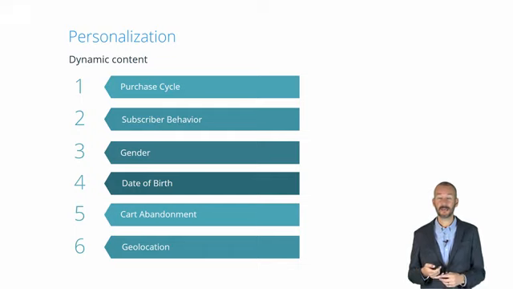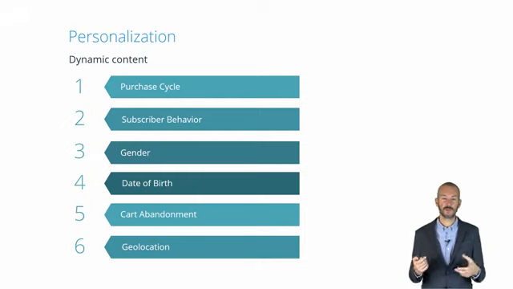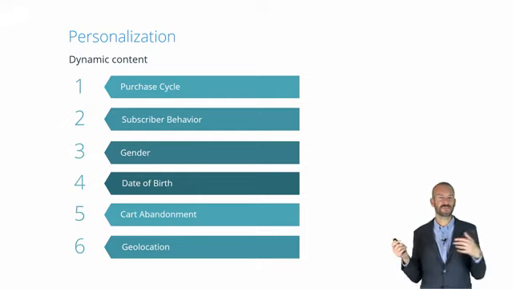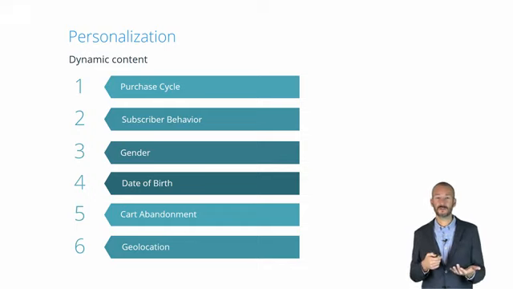Another piece of dynamic content as regards to autoresponders especially is this idea of cart abandonment. And if you don't know what cart abandonment is, that's okay. It's just a fancy way of saying you went to a website, you thought about purchasing something or engaging in some transaction, and then you got distracted, or you had too many tabs open, or your computer crashed, or you just stepped away for a little while, you just decided not to get something, or maybe you wanted to think it over.